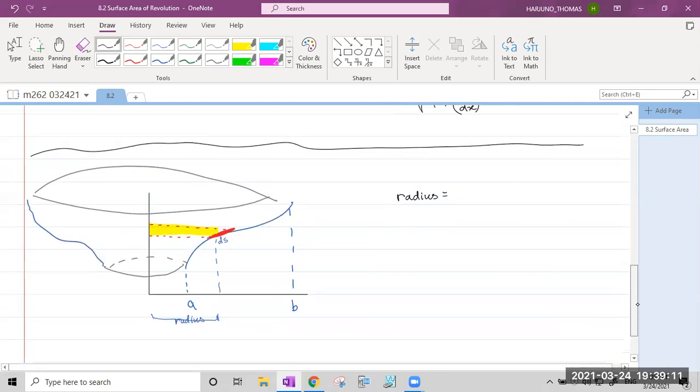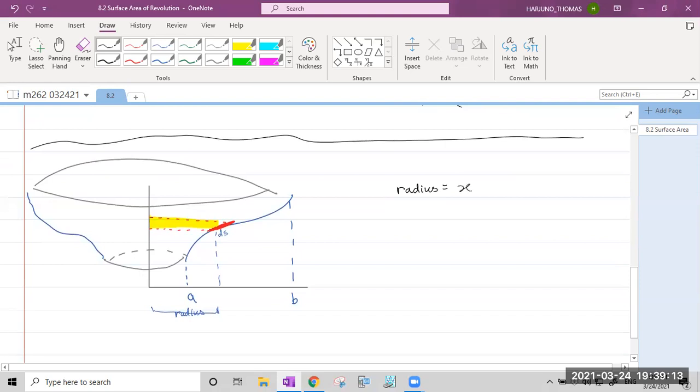X. That will be x. So the circumference, once you revolve that around the y-axis, will be 2 pi x, right?